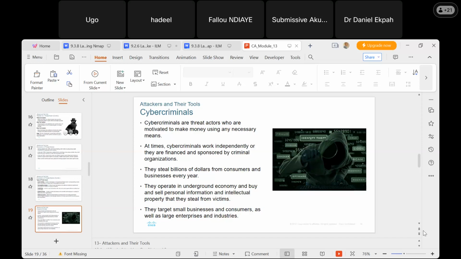So cyber criminals are threat actors who are motivated to make money using any necessary means. At times, they work independently. They are financed and sometimes sponsored by criminal organizations. Oftentimes, when two organizations have some kind of conflict or competition, one of them will hire some cyber criminals just to pull down the other company's server or some sensitive information on the cloud. This is happening already.